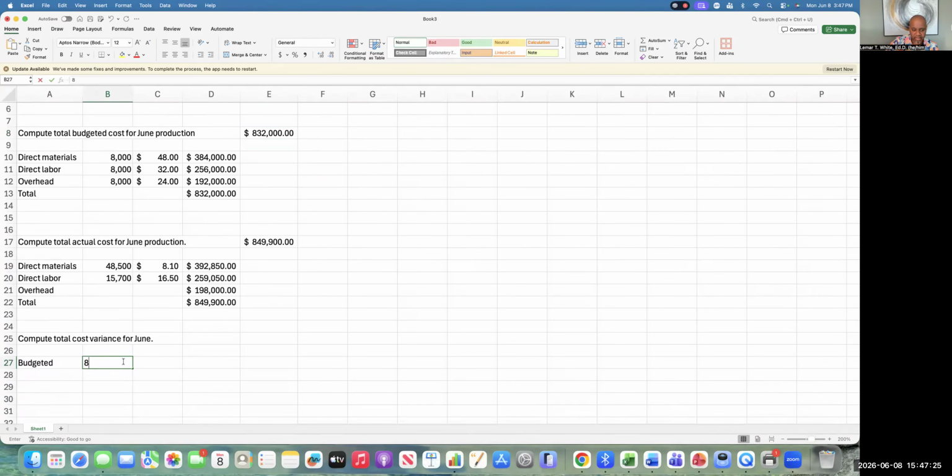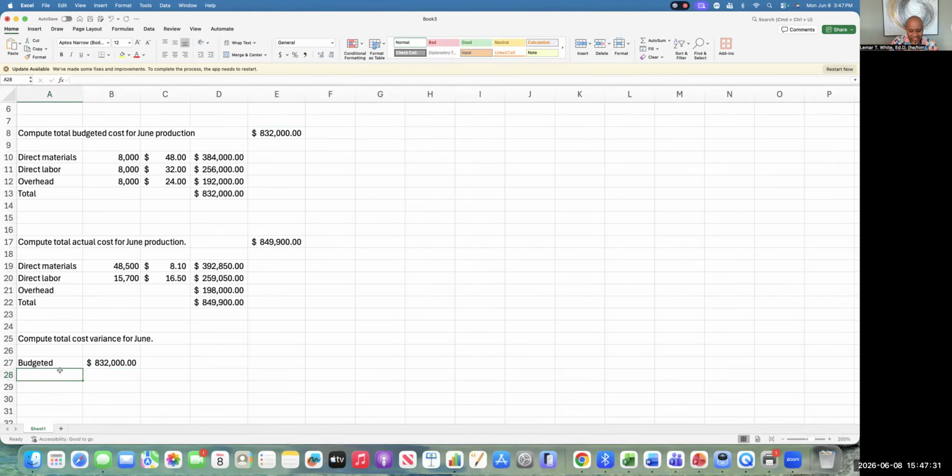I'm going to put that here. That was the amount that I budgeted. My actual came out to be $849,900. I'm going to subtract these two numbers, and I get negative 17,900.